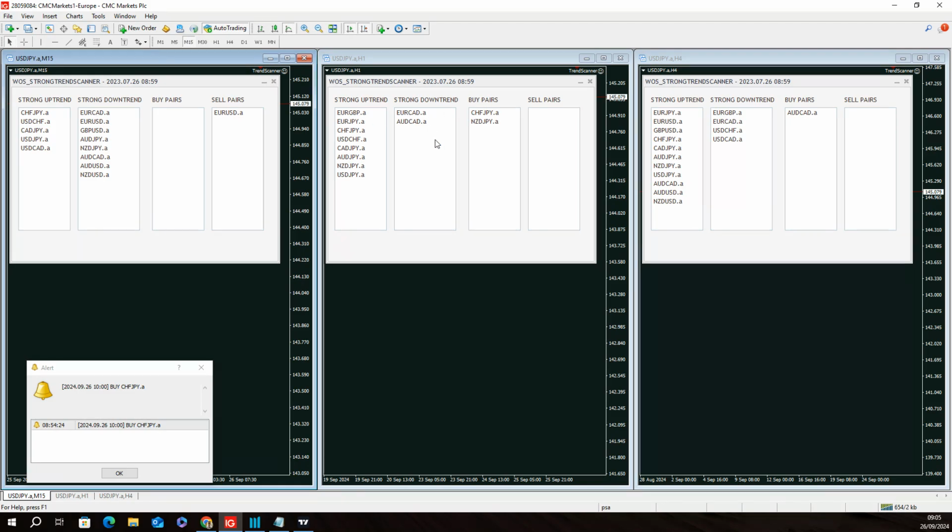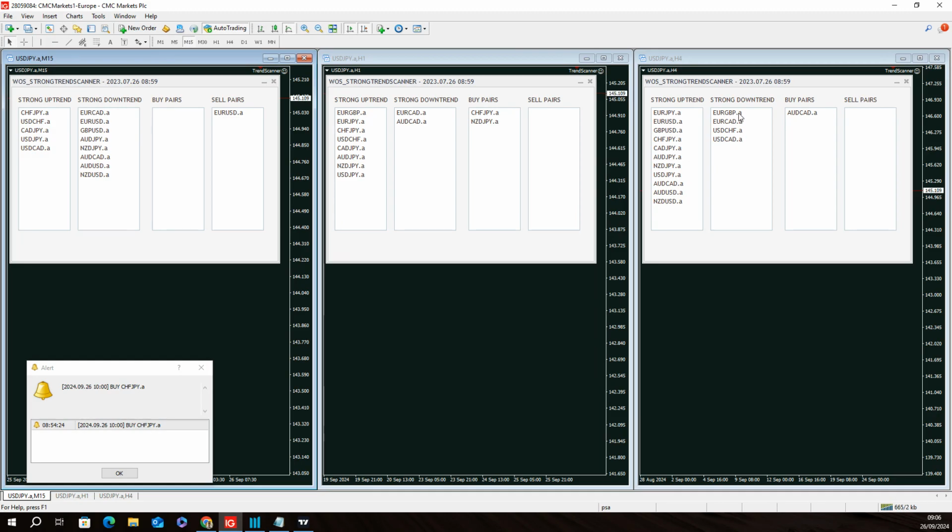We'll come back here. The euro yen, the Swiss yen, the card yen, the Aussie yen, the New Zealand yen, the dollar yen in the 1 hour chart are all strong uptrend. We have the dollar yen here, which is good because we're going to have a look at the dollar yen this morning. The dollar card is still in a downtrend.